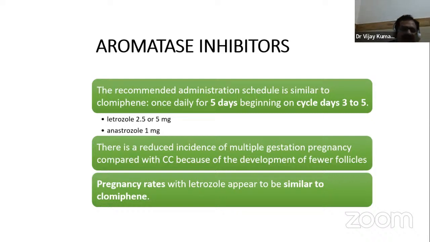Their usage was started in humankind for breast cancers in the beginning. Then its use for ovulation induction was also evaluated, and nowadays this becomes the second best molecule for ovulation induction apart from clomiphene citrate.